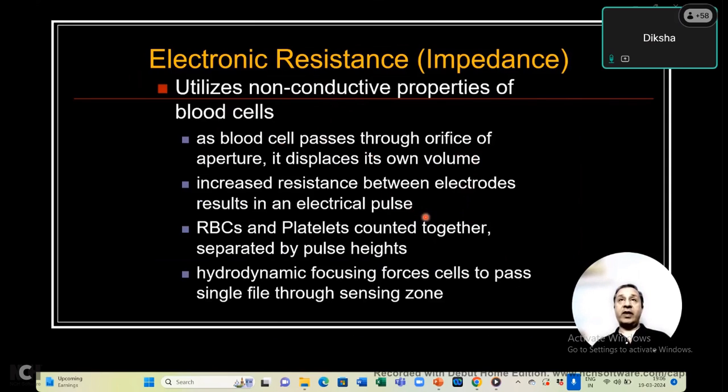Depending upon the number of pulses, you can count the number of cells, and depending upon the volume of the pulse, you can determine the size of the cell that passed through. More importantly, there is also something called hydrodynamic focusing, which allows the cells to pass in a single line so that we don't have recurring events coming for counting.